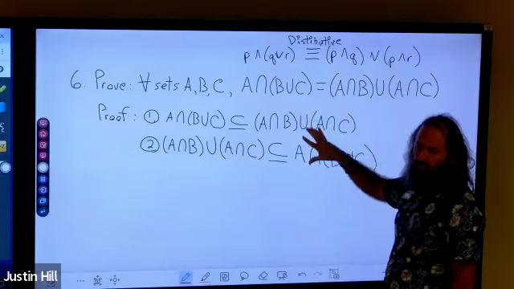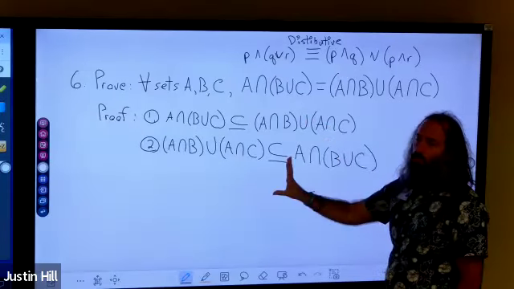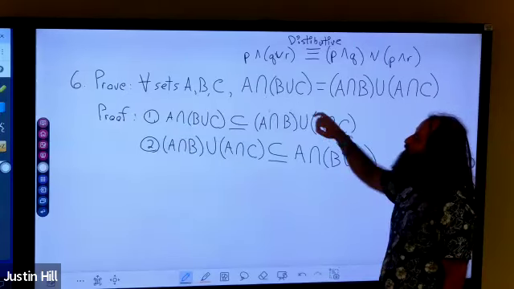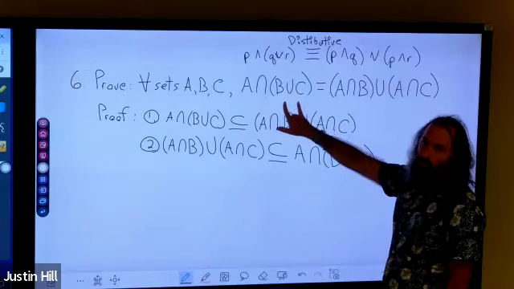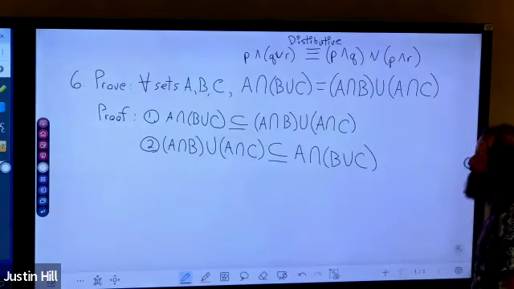Hopefully that makes intuitive sense, because my definition for intersection is an and statement, and my definition for union is an or statement, so it should work because it worked for and/or.